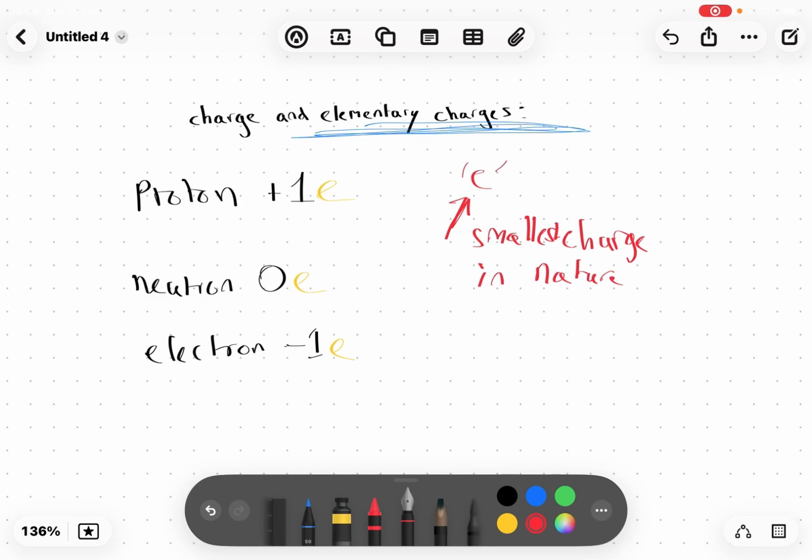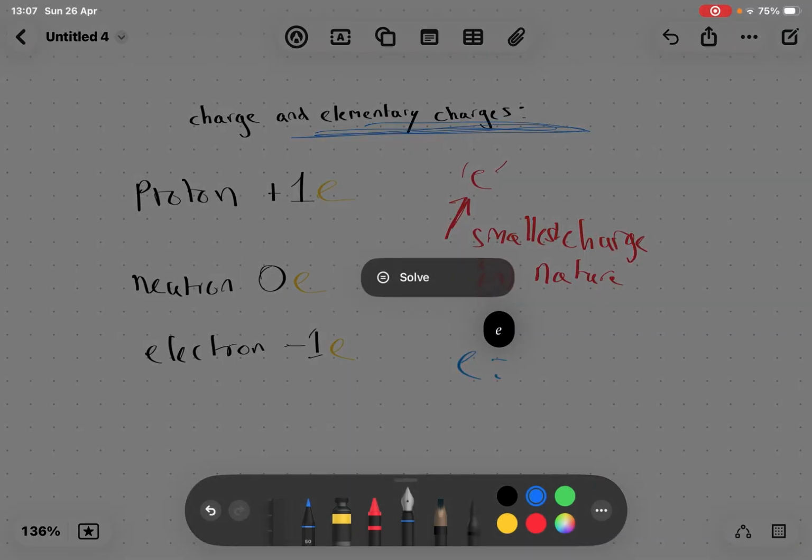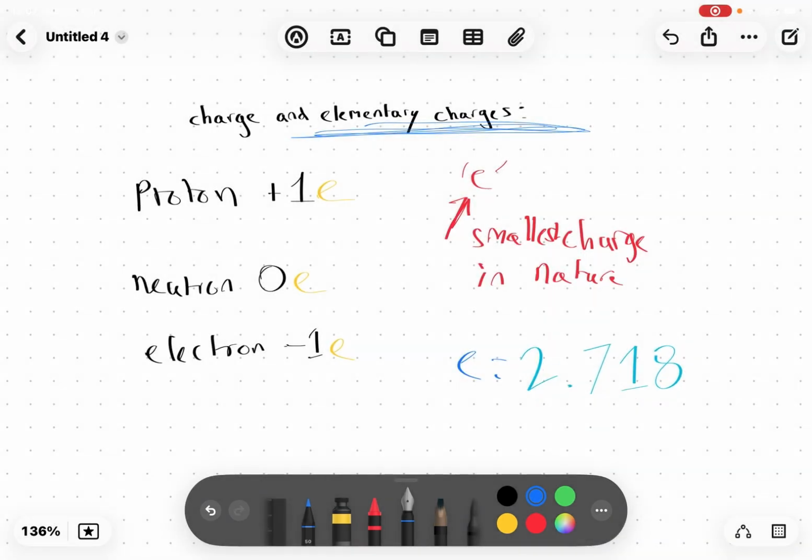For example, 2e. You can even see e on your calculator. Oh no, that's wrong, sorry. e equals 1.6 times 10 to the power of -19 coulombs.